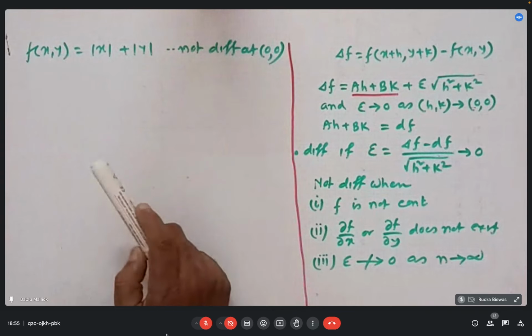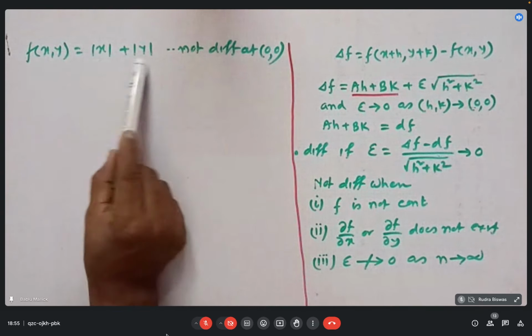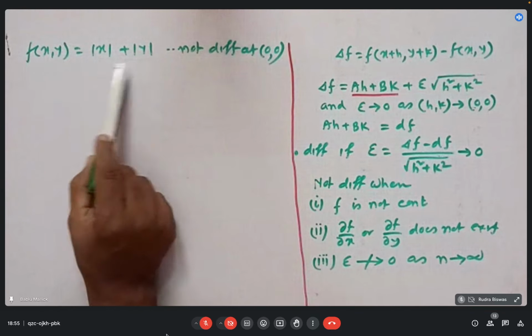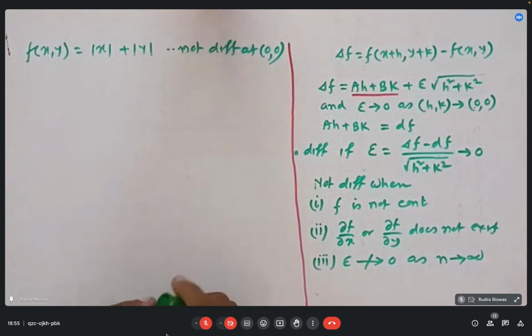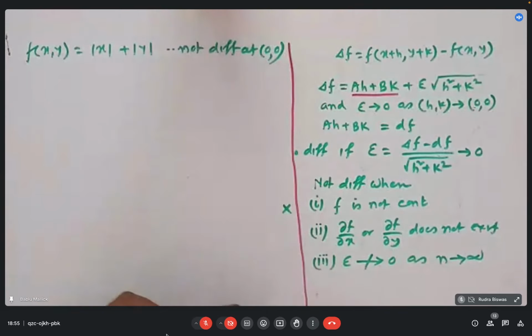Look, here it is clearly continuous, so it will be continuous at 0 0. So that means the first logic we shall not use. Let us now use the second thing. Try to calculate del f del x.